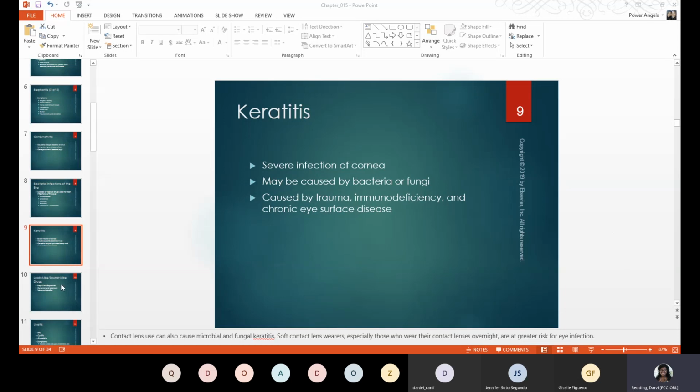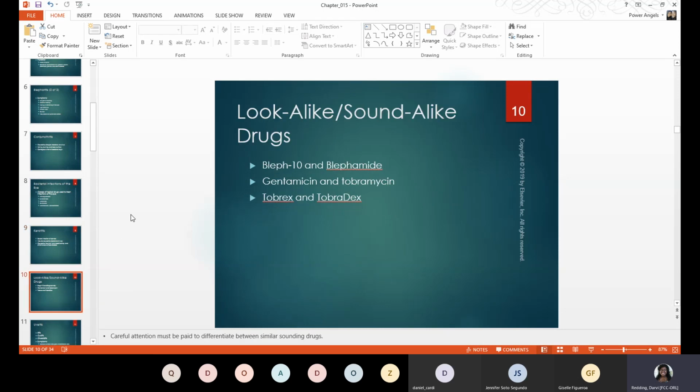So now that we've talked about keratitis, we are next going to learn about some look-alike and sound-alike drugs. You should know the abbreviation for look-alike, sound-alike drugs is commonly known as SALAD. That's SALAD. It's an acronym for sound-alike, look-alike drugs. There are some medications that look exactly the same.